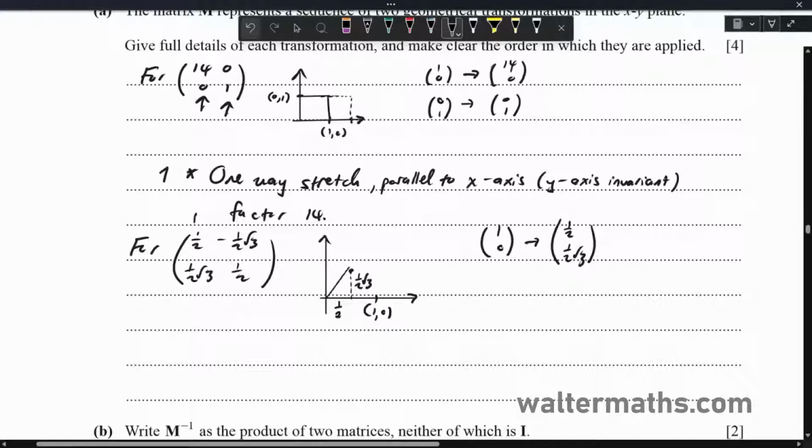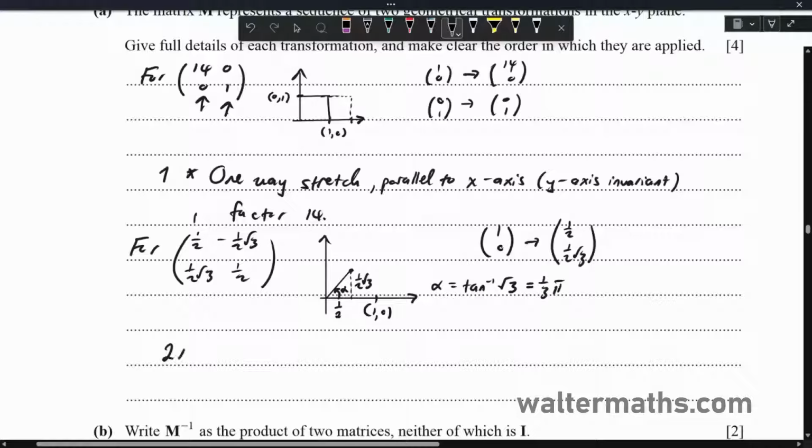So this point here, essentially I can see that it's some kind of a rotation. It's actually a rotation anti-clockwise with an angle, let me call that alpha, where alpha is actually arctan of half root 3 over a half, arctan of root 3, which is a third pi.